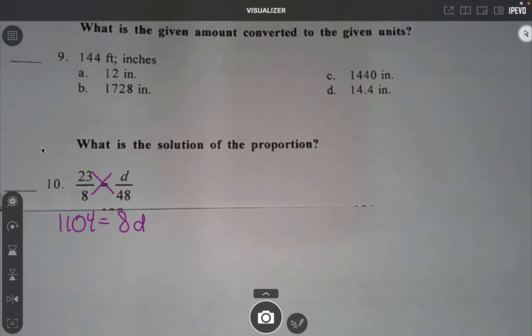Now what do you do to solve for D? Divide both sides by 8. And what do you get? What is D? 138. Yep, 138. Questions on that one? Nope, we got it? Okay. I can erase.